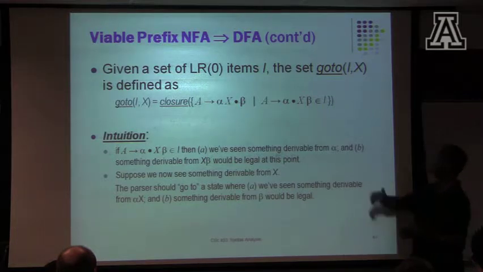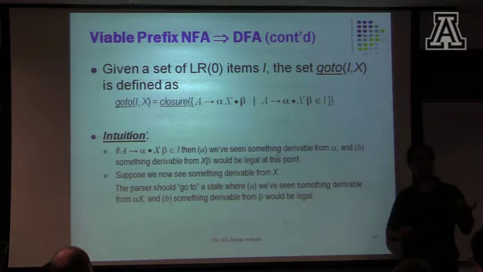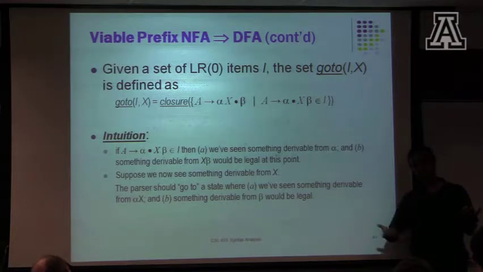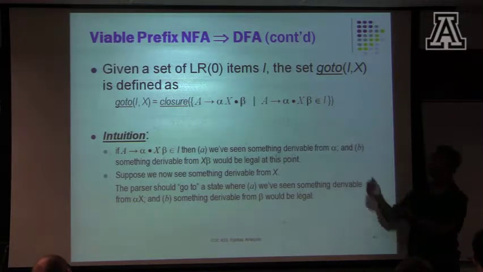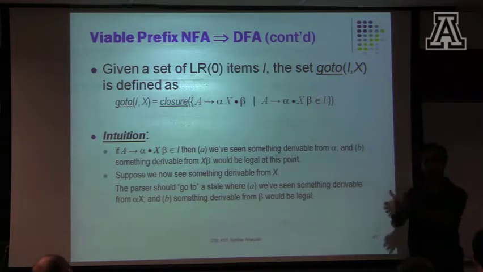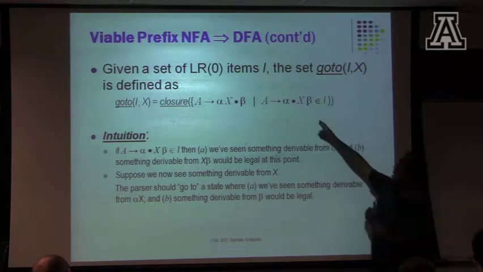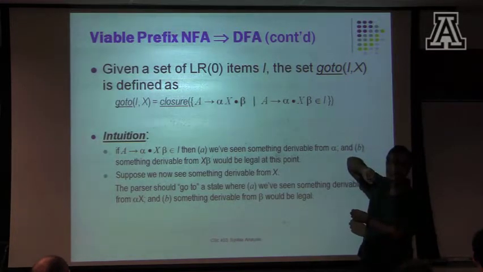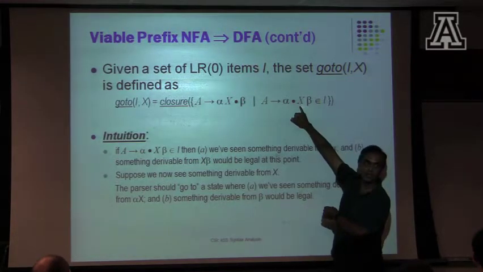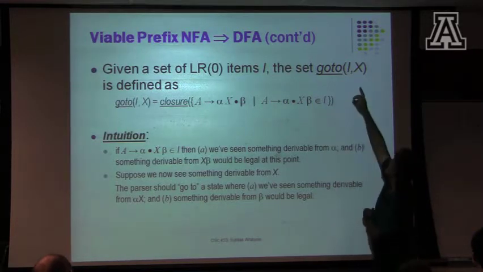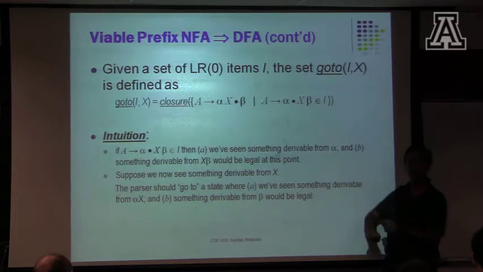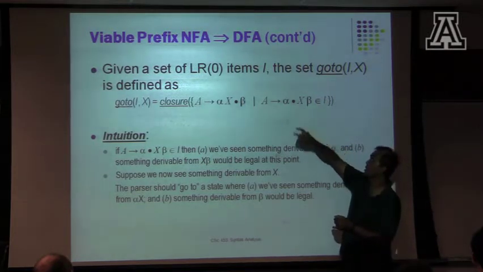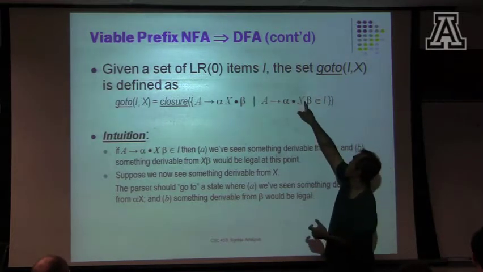Now we find out that in fact we've seen X. The future corresponding to the Y item is irrelevant at this point, because I've just discovered what the outcome is. So I pick out the ones that correspond to what I've really seen: those that have an X to the right of the dot. Since I've seen X, I can walk the dot across.